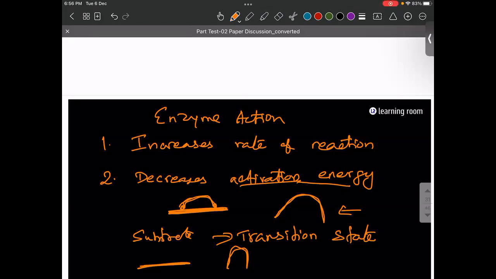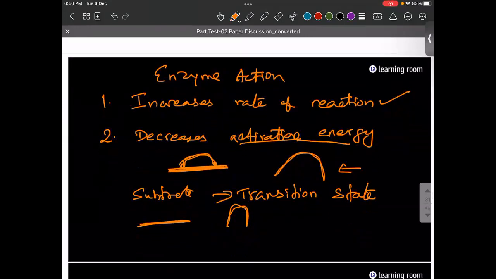So, enzyme increases rate of reaction, and then it decreases activation energy. So, easily it breaks the substances. Bring the substrate into transition state. Thus, it breaks into product. It increases rate of reaction, decreases activation energy, converts substrate to product.